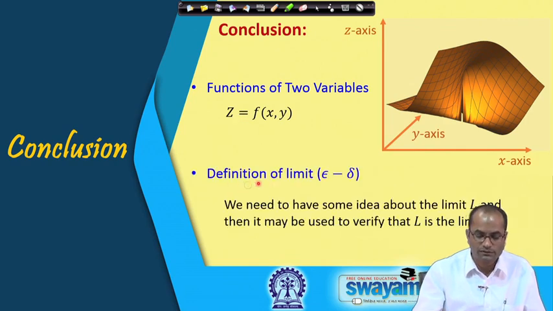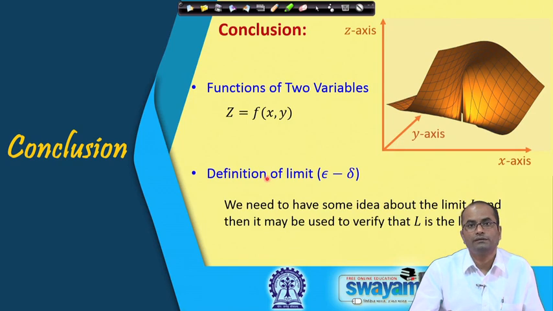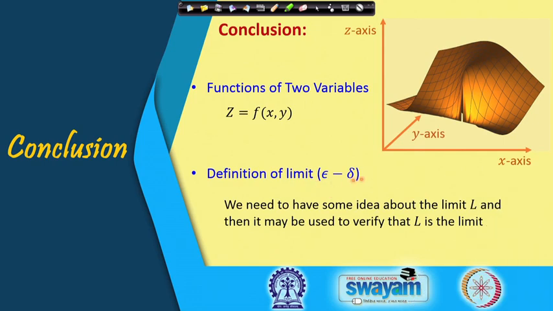We have also discussed the definition of the limit, in particular the epsilon delta definition, which is very useful to prove that a given number L is the limit. With the help of this epsilon delta approach, we cannot just get the limit, but if we have some idea about the limit, then this epsilon delta approach may be used to verify that L is the limit.